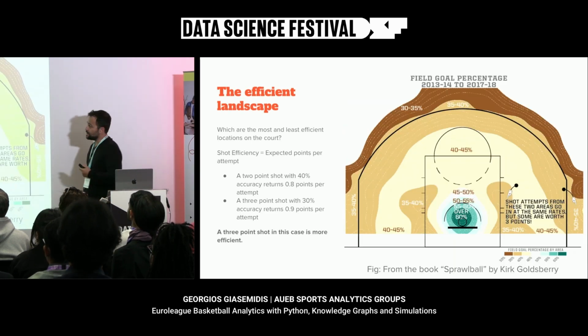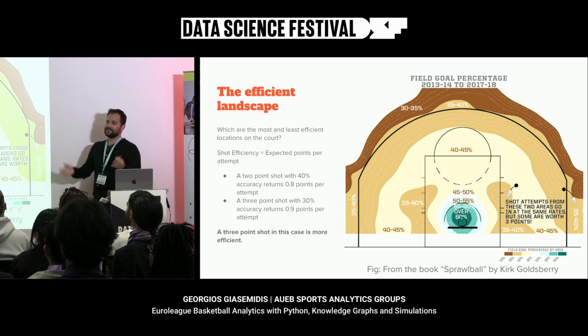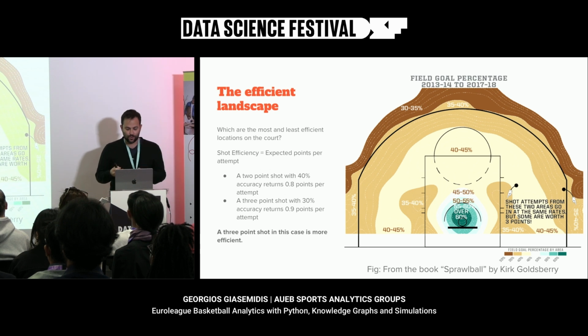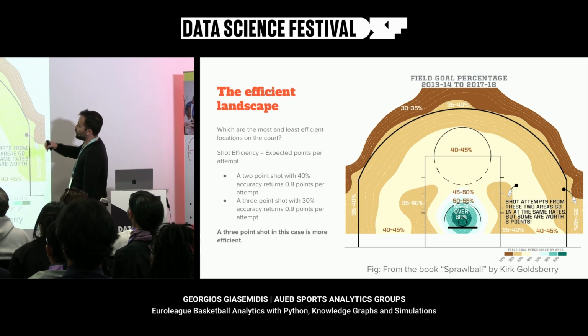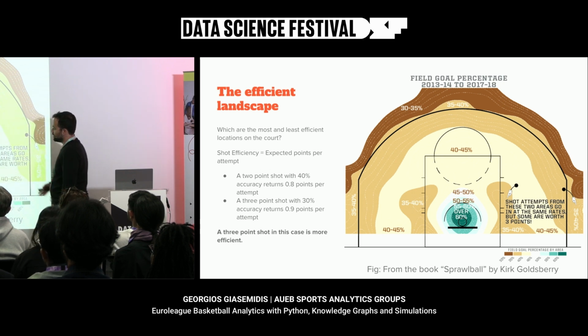Until about 20, 25 years ago, when someone asked which are the most and least efficient locations of the court. Of course, nobody literally asked this question, it was for dramatization, but that question started being asked by the community. And we can see here, for people that are not very familiar, the percentage of how accurate a shot taken at different locations on the court is.